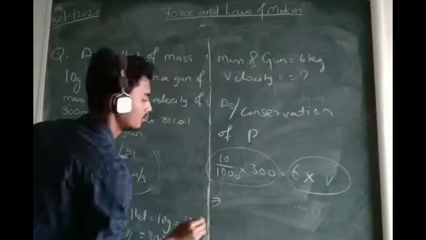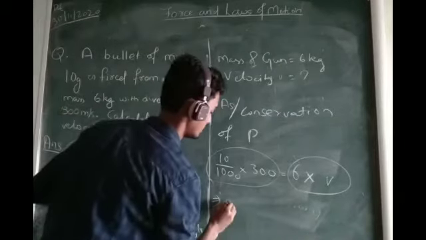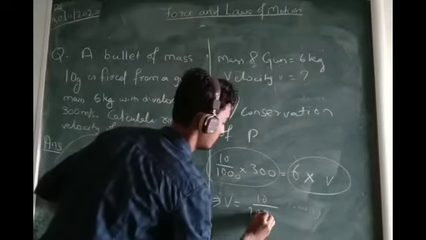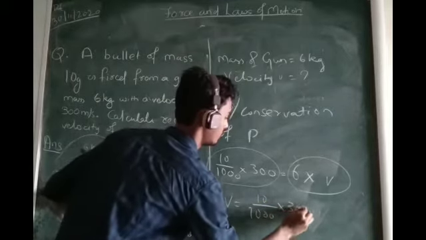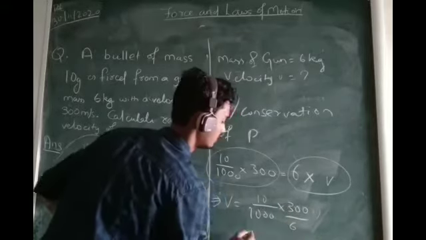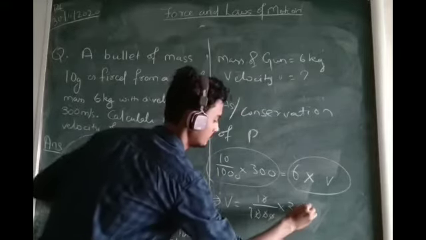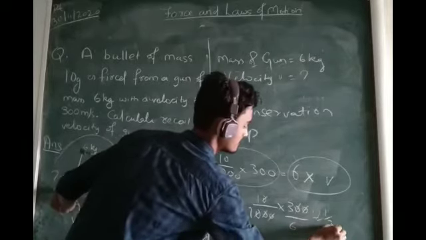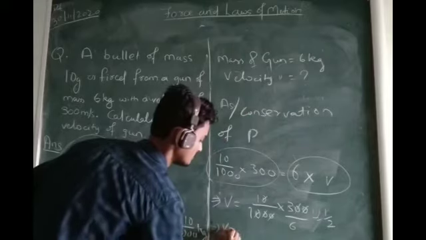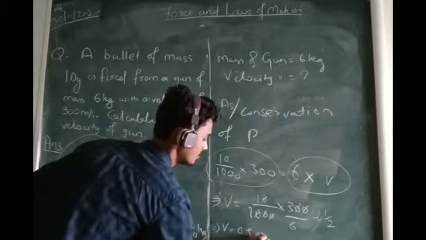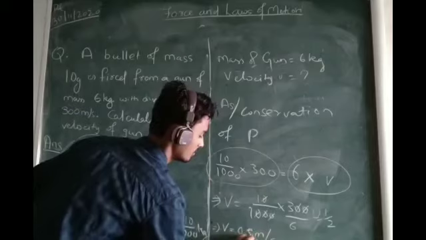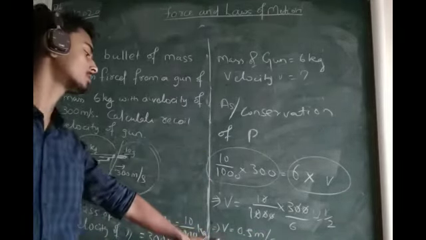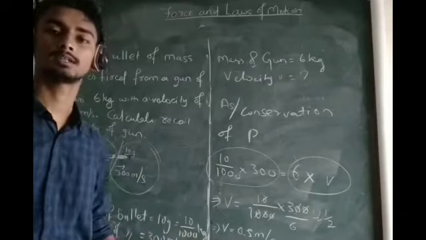So now let us solve it and find out the value of V. You can see that we have found the recoil velocity of the gun will be 0.5 meter per second.